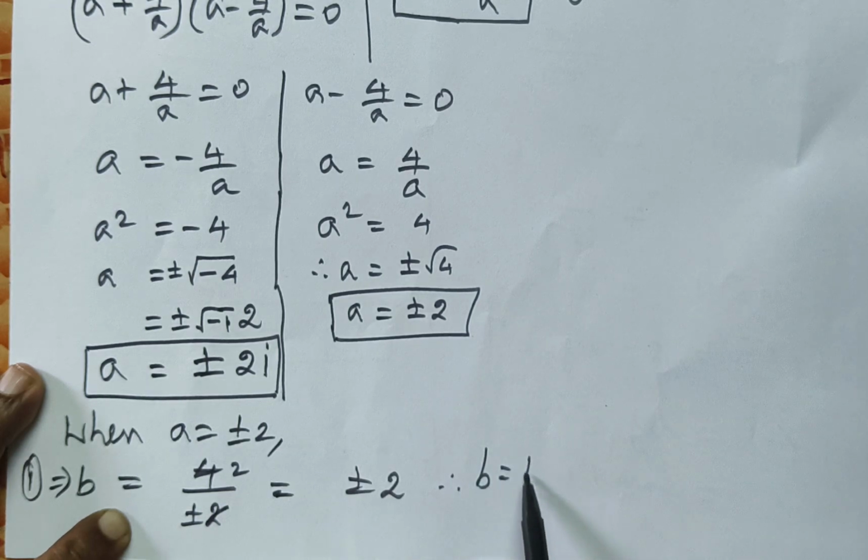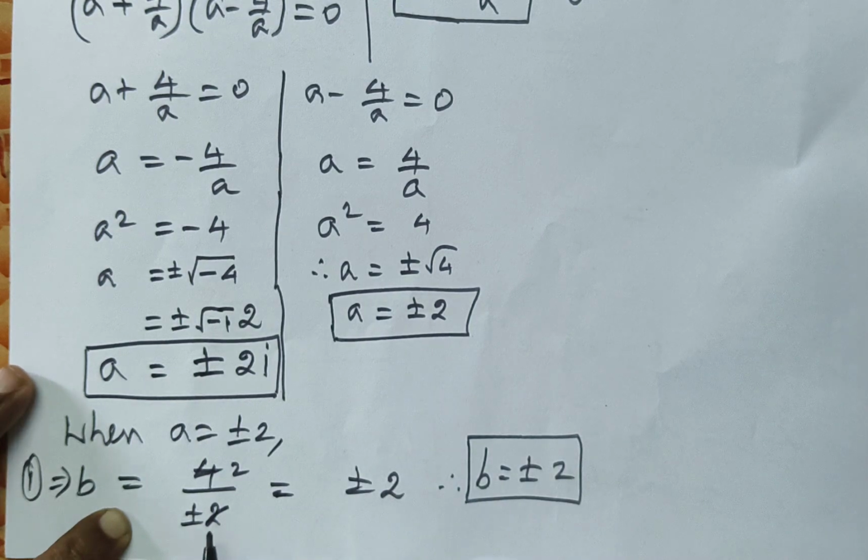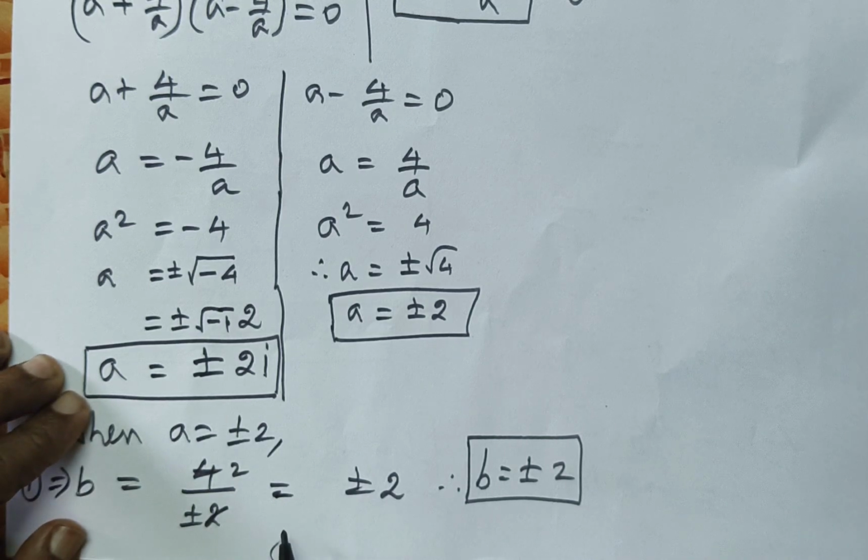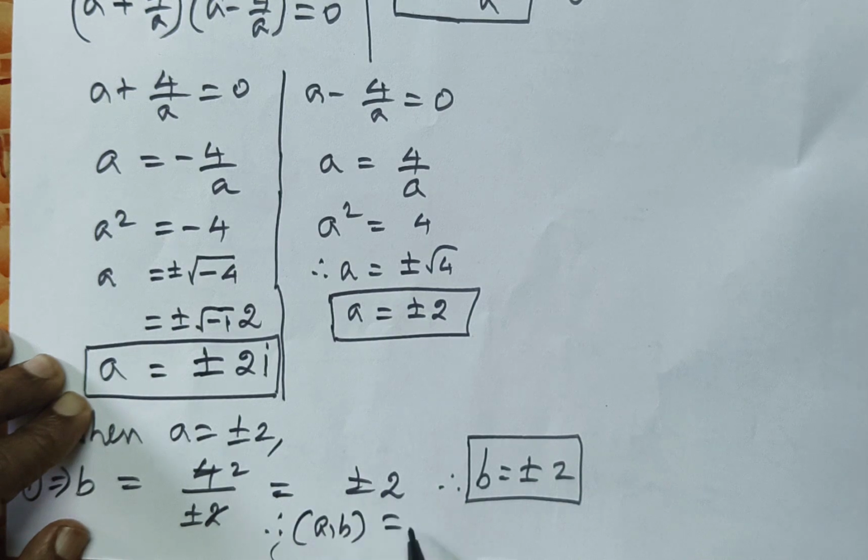Therefore, b is equal to plus or minus 2. That is, a is plus or minus 2, b is also plus or minus 2. Therefore, a comma b is equal to plus or minus 2 comma plus or minus 2.